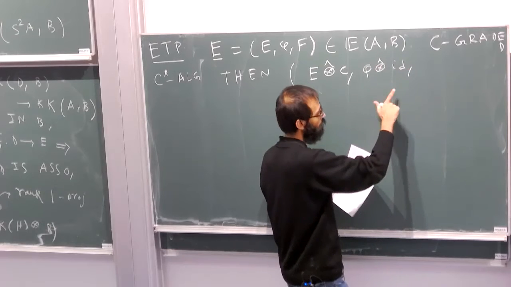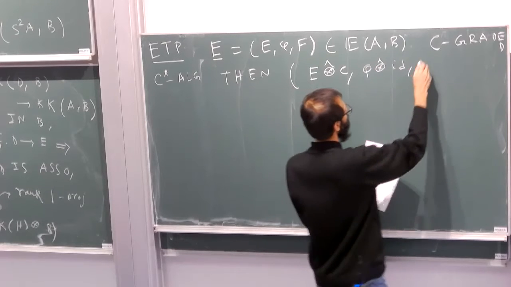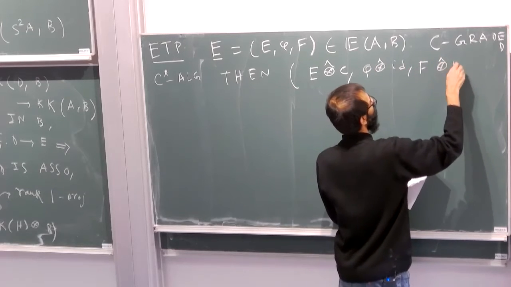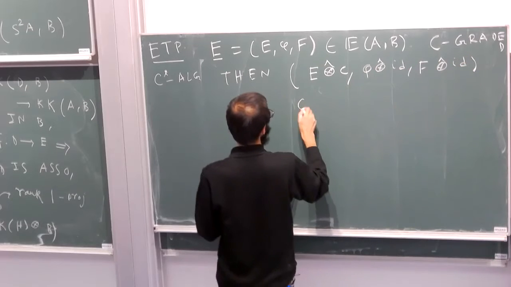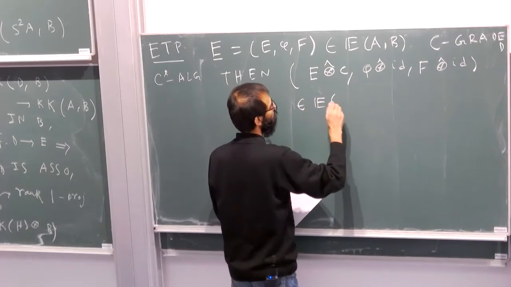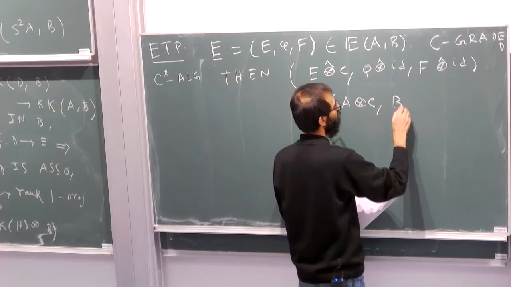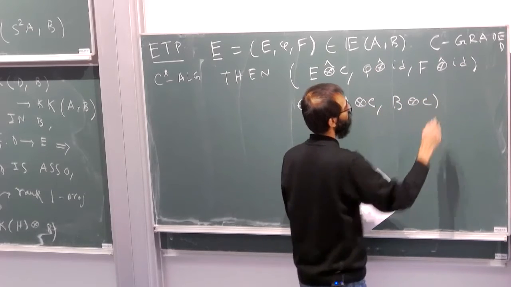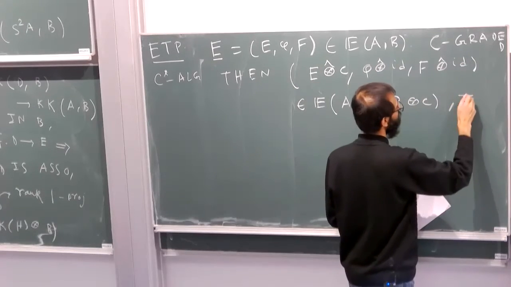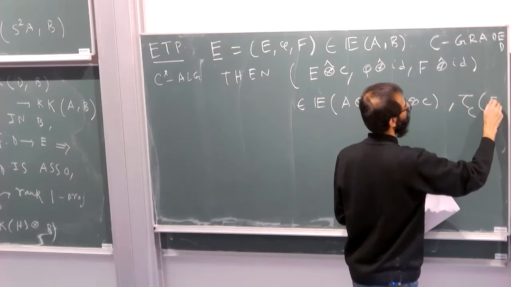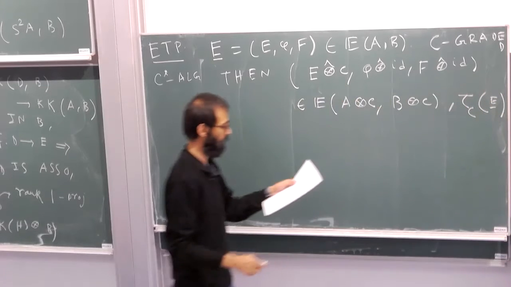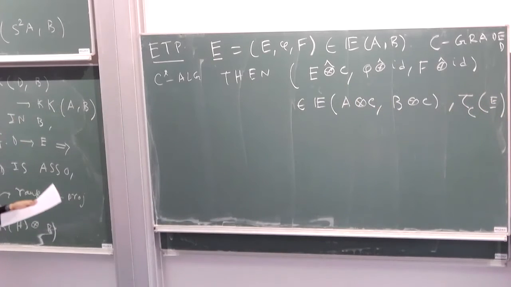So this is the image of the canonical morphism J, which I defined. This is in E, A tensor C, B tensor C, and it is written as tau C of, that's the external tensor product.